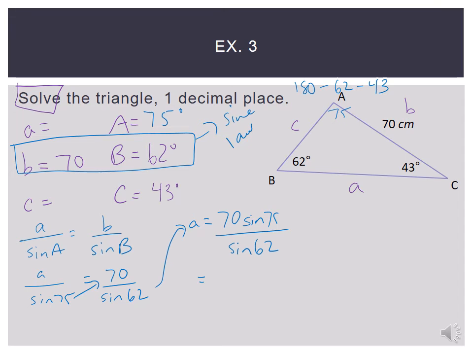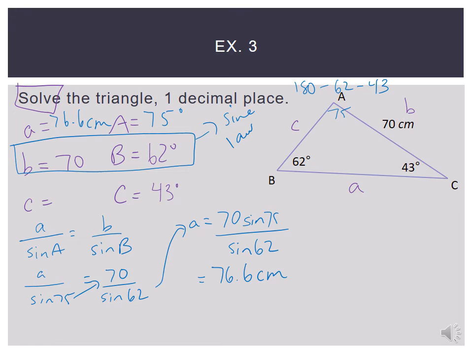And we got 76.6 centimeters. So that's 76.6 centimeters. Remember, you can't use Pythagorean theorem because there's no 90.